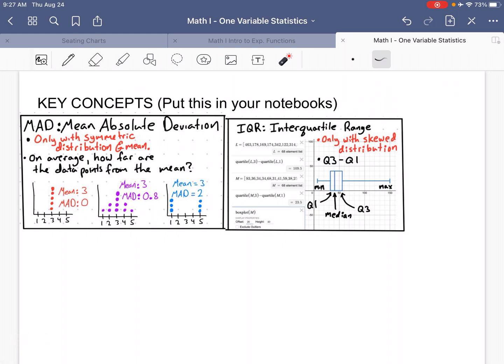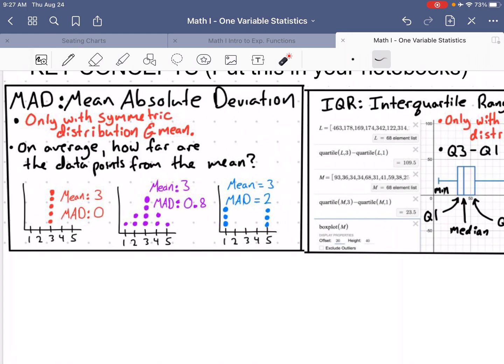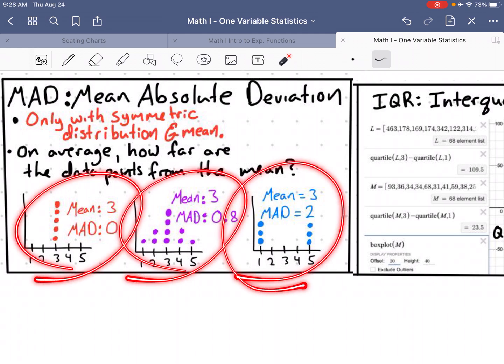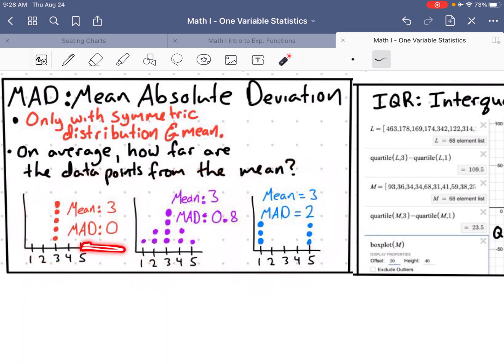But I want to illustrate this for just a moment here. So if we look at this, all three of these have the exact same average. They have the exact same mean. The mean is 3. However, when we look at their MAD, their measure of variability, those change. This one right here has a MAD of 0 because, well, is there any variability?